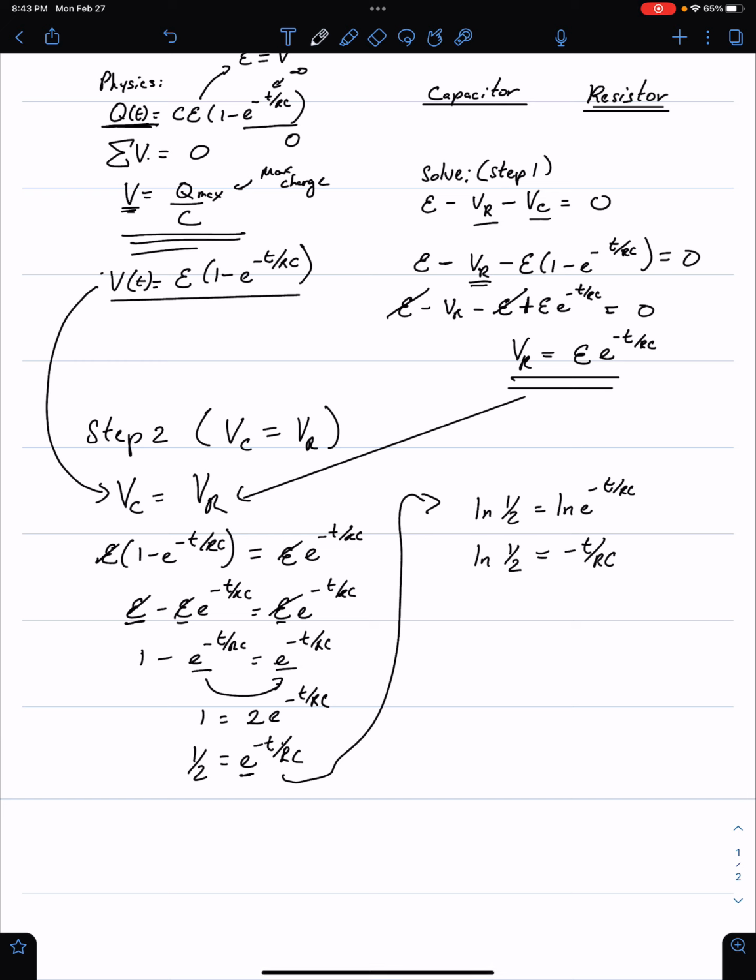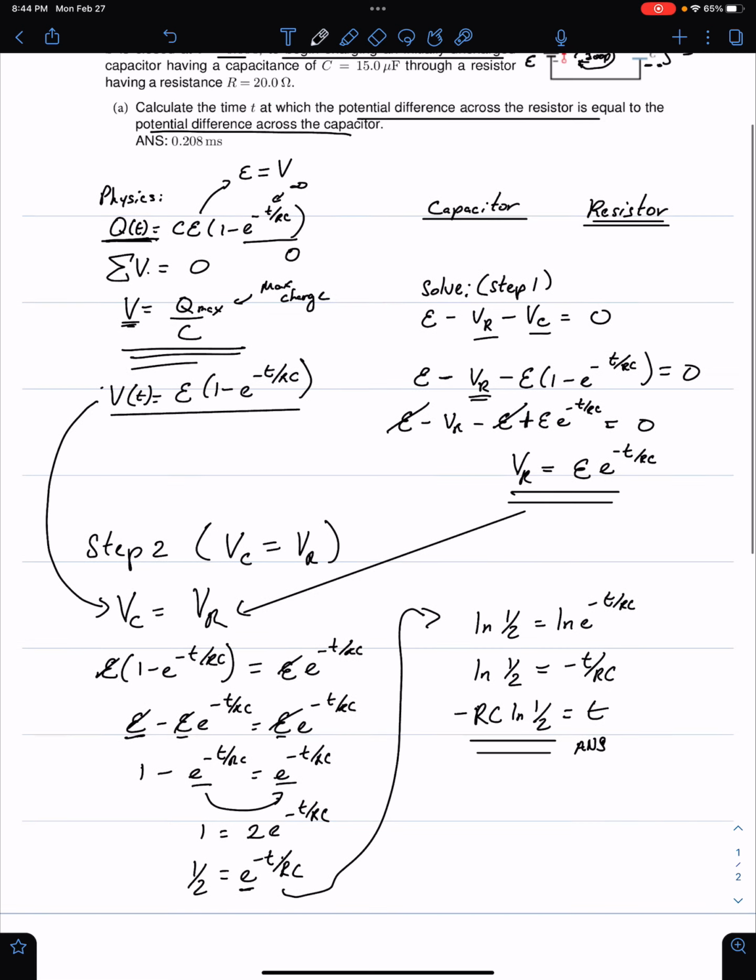Then you're solving for time, right? So you go negative RC times natural log of 1 over 2 equals time. And this is your answer in terms of algebraic solution.